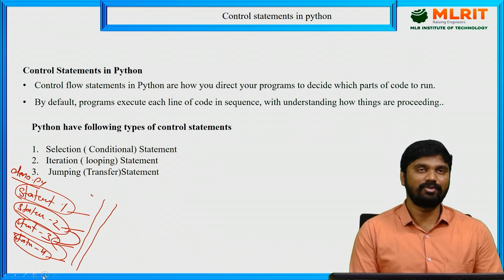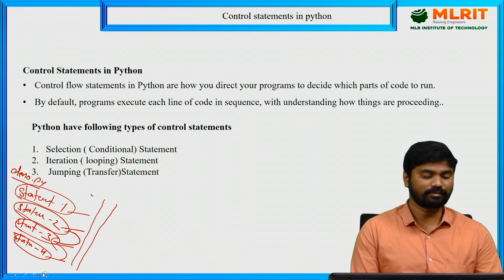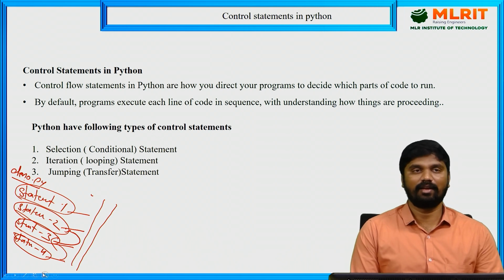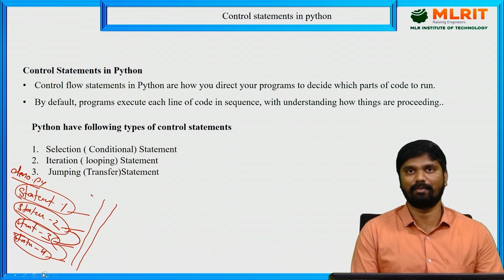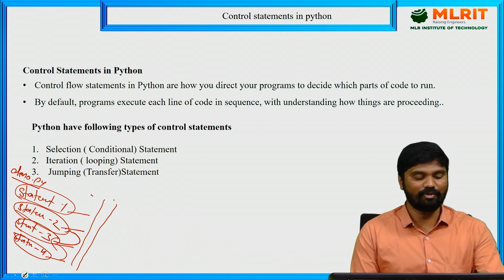But by using this sequential execution, as programmers or developers, we may develop only small, simple applications, but we cannot develop complex programs or complex applications. So that's why we have to change the flow of execution.